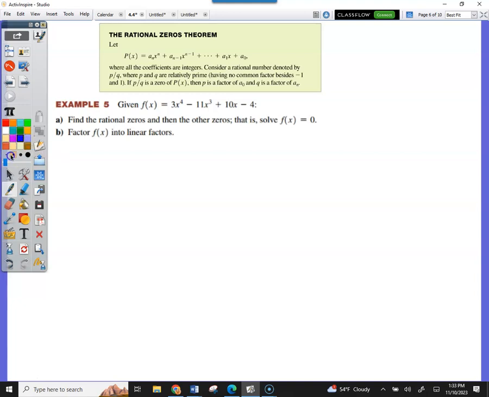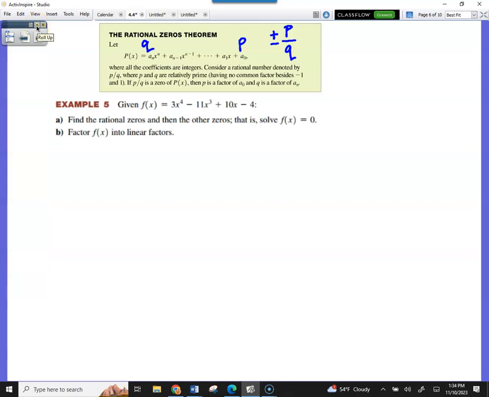There is a rational root theorem which says if you list all the fractions created by taking P and Q, and what we mean by P and Q is the last number and the first number, and you list your fractions as positive, negative, P over Q, you get the list of all the possible rational zeros. Okay, so what does that mean? I just said that and you're probably like, I have no clue what she's talking about.